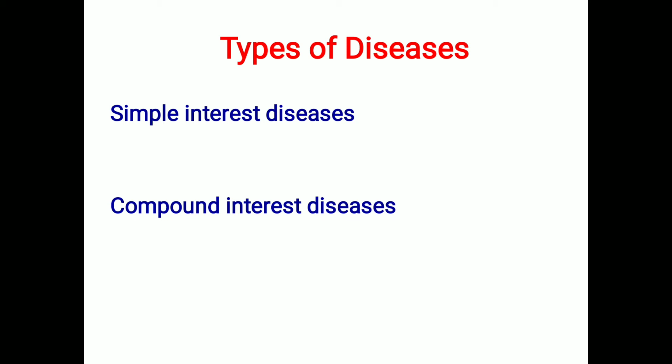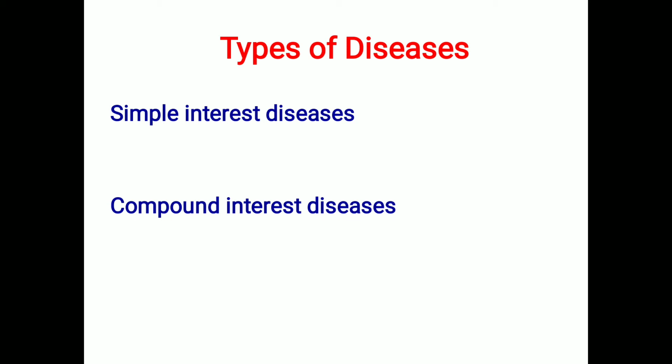In simple interest disease, the incubation period is long, meaning more time is required for the development and spread of the pathogen. In compound interest disease, the incubation period is short: within a short period of time symptoms develop rapidly and the pathogen spreads.